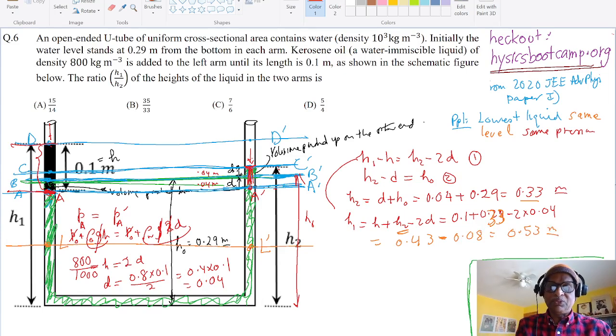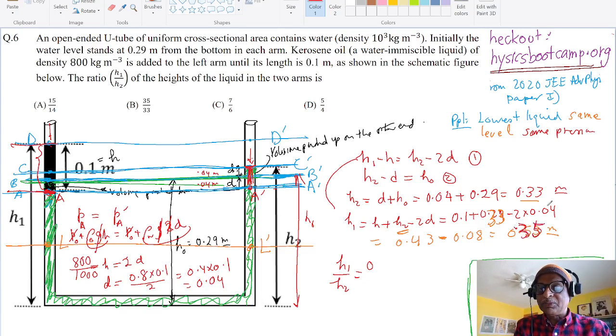Okay, that's good. So H1 over H2 should equal 0.35. I'm making all these stupid errors. 0.35 over 0.33 equals 35 over 33.